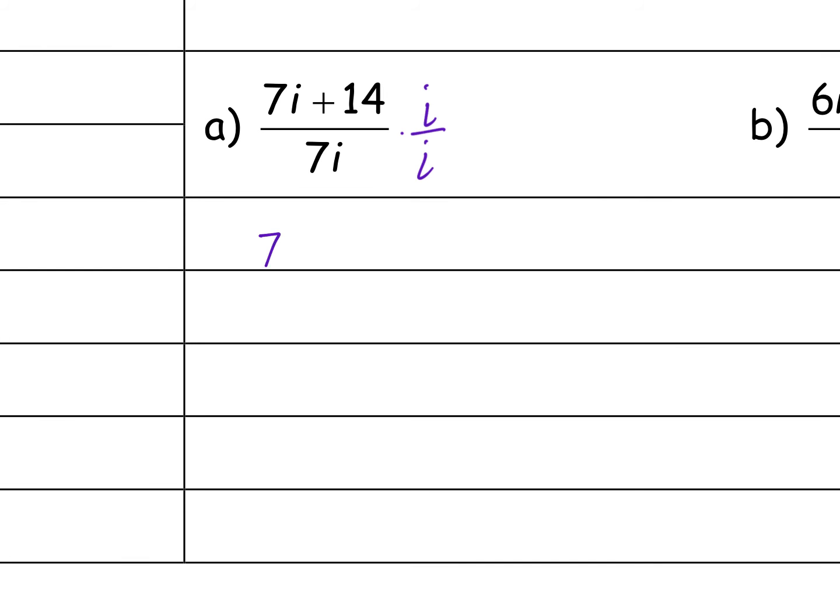So that gives me 7i squared plus 14i divided by 7i squared, which gives me negative 7 plus 14i divided by negative 7, which I can simplify because negative 7 goes into both negative 7 and 14. So my answer would be 1 minus 2i. Done. So you can't cancel them? Cancel what? Just the negative 7? No. It has to go into both terms.